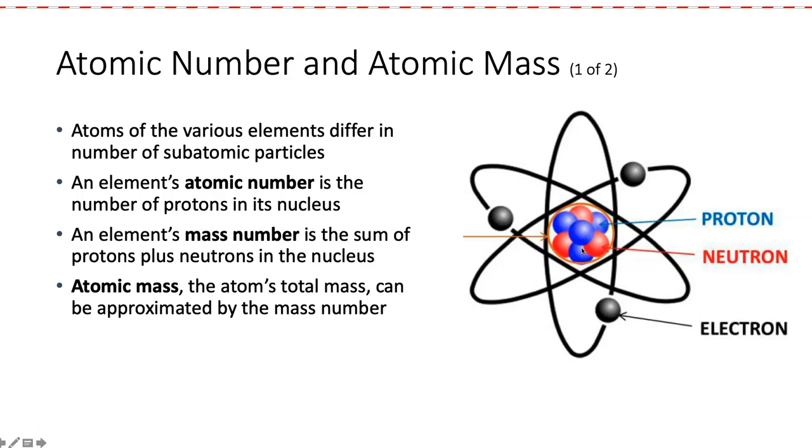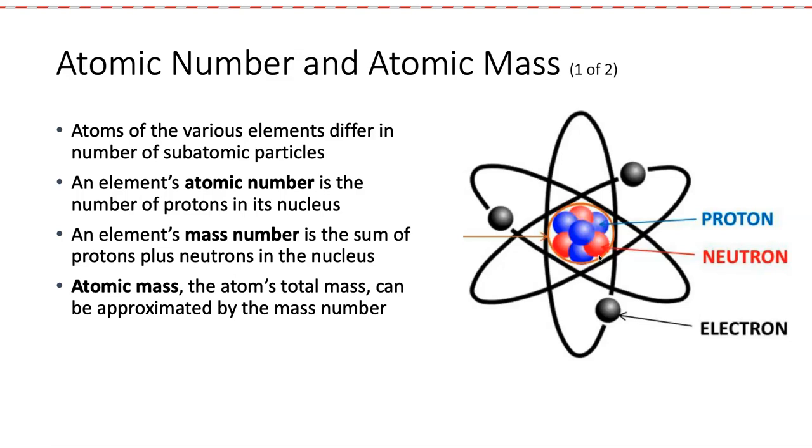The element's mass number is the sum of protons plus neutrons. So we're going to add up the protons and the neutrons. In this particular atom, we could say the mass number is 1, 2, 3, 4, 5, 6, 7. So that's the mass number. We tend not to think about the mass of individual atoms in this class. We tend to think more of the mass number in terms of the element, and we'll explain a little bit more about that later.